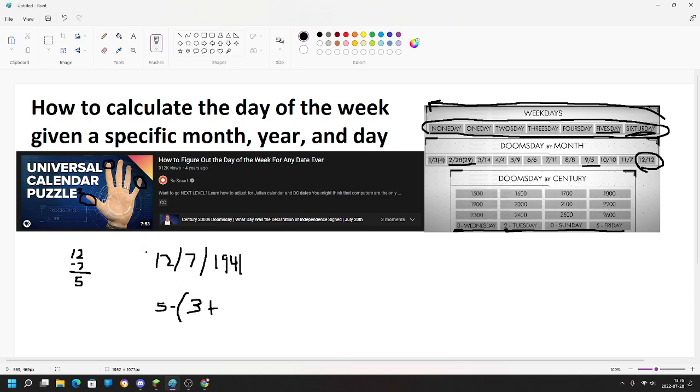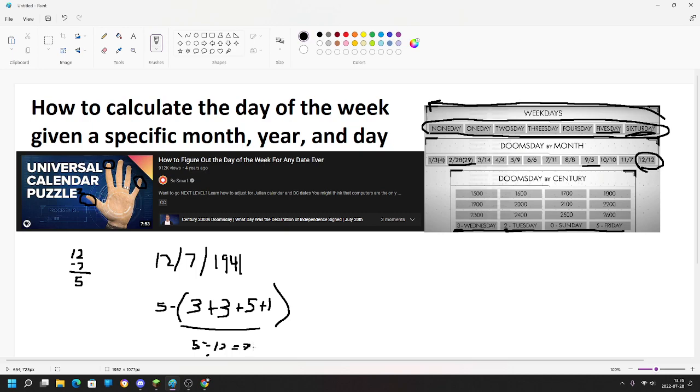Now, how many times does 12 go into 41? It goes in 3 times, with 5 left over. 4 goes into 5, 1 time, and you close the parentheses off. 6, 11, 12, minus 5, which is 7.